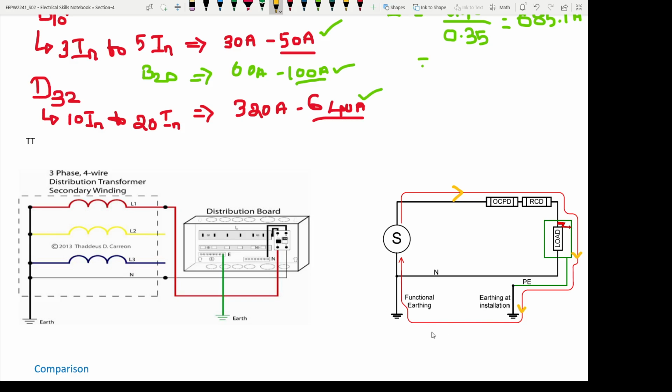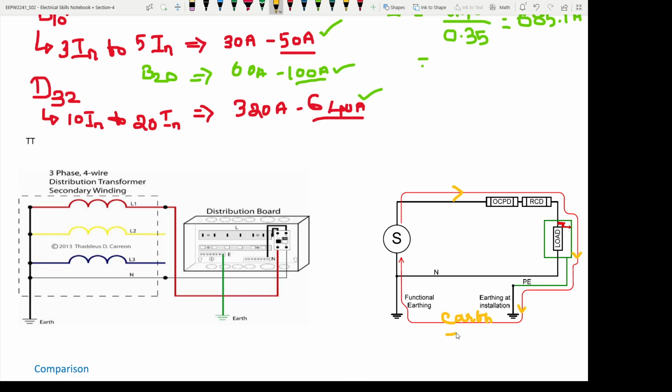So how is the loop closed? It is closed through the earth or the ground. Okay, so that means the external resistance, not only the conductor resistance, the earth resistance, that is the external ground resistance, also comes into picture for a TT earthing.